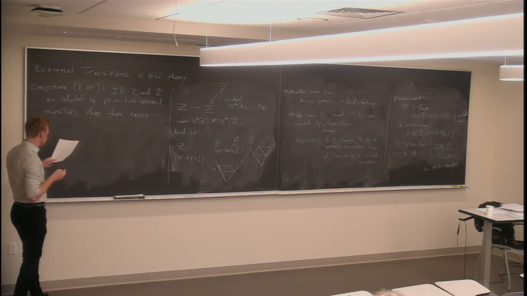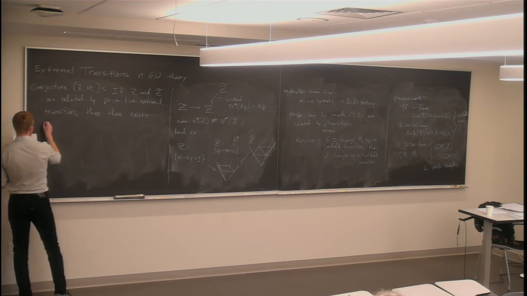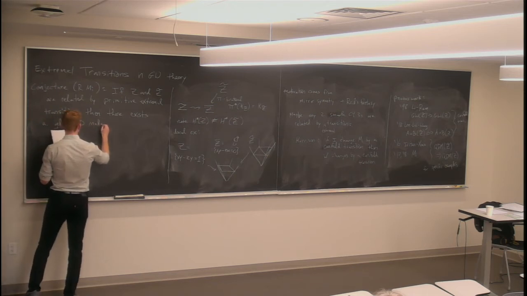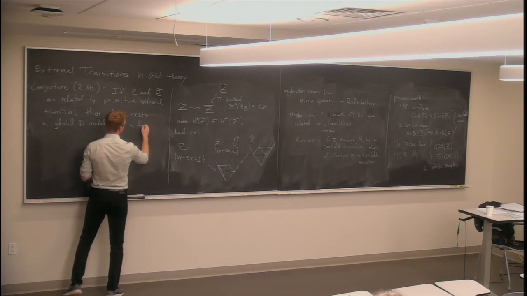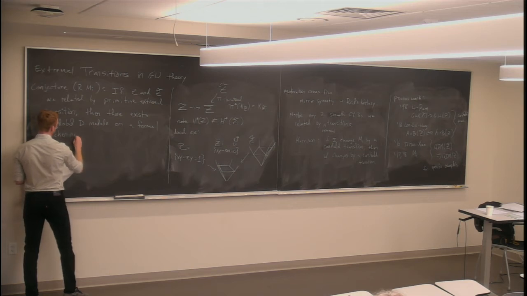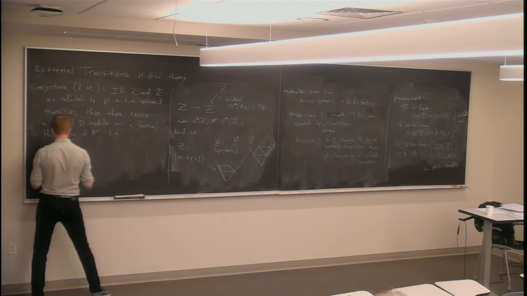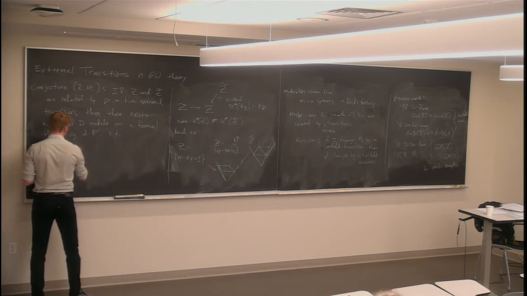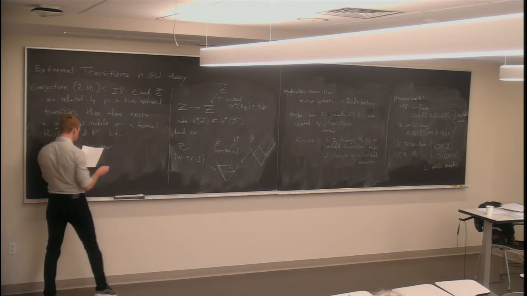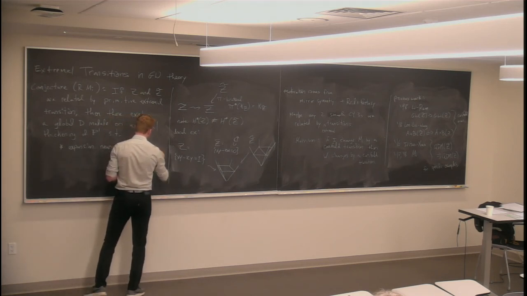So if these are related by extremal transition, then the following should be true. There exists, again, a global D-module on a formal thickening of P1, such that if I expand near zero, I recover the quantum D-module of Z twiddle.